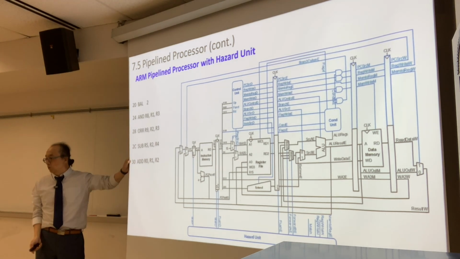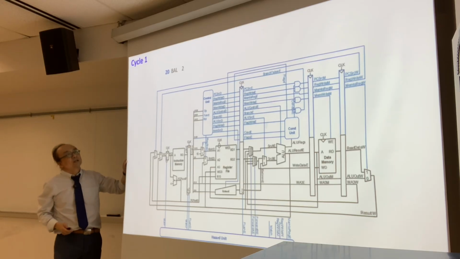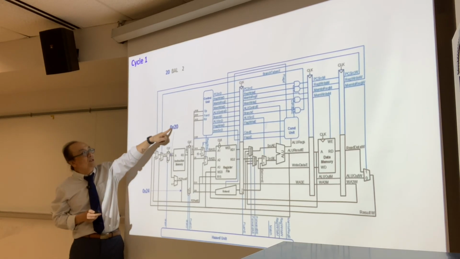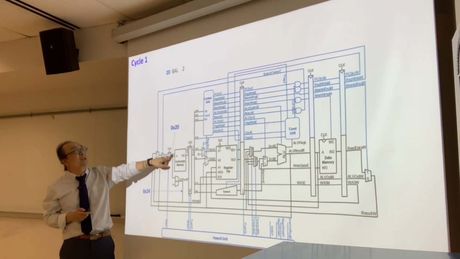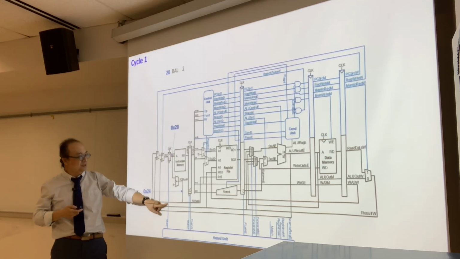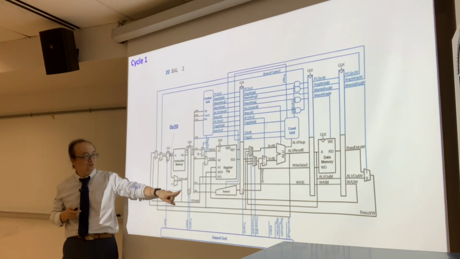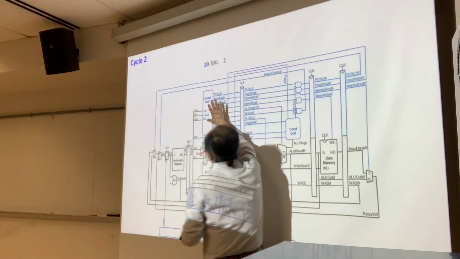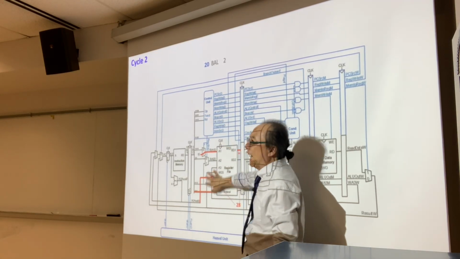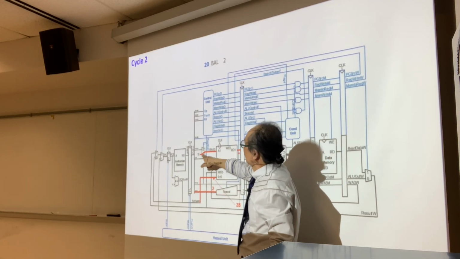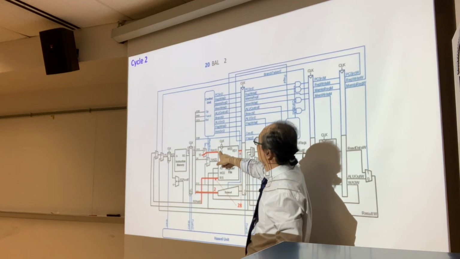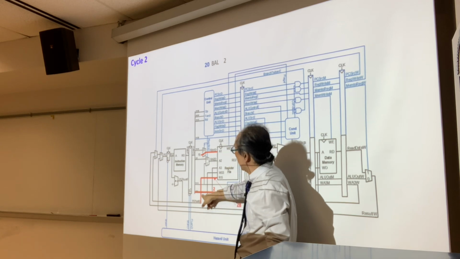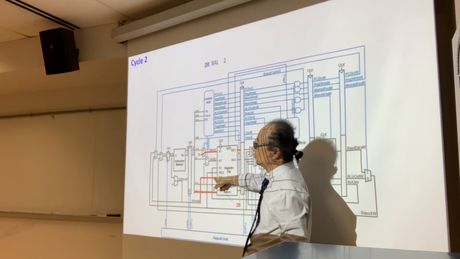Are we good? Okay. In cycle number 1, we have the PC value right here as 20, and then PC plus 4 is 24 after we add 4 there. Then in cycle number 2, this branch always is in the ID stage. Now we're going to select 15 because it's the branch instruction. And we're going to have this value that is 28.